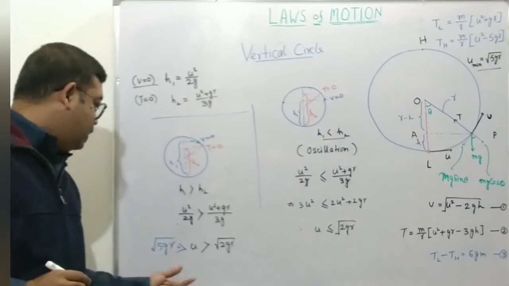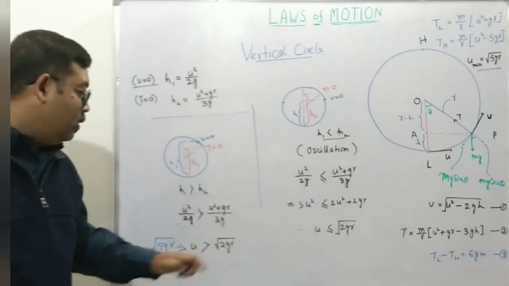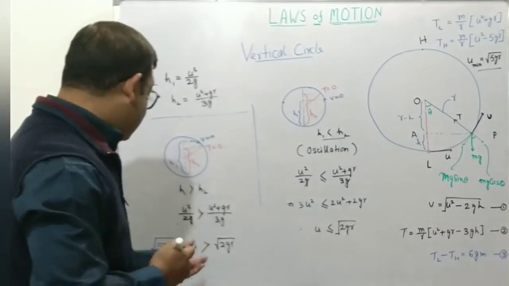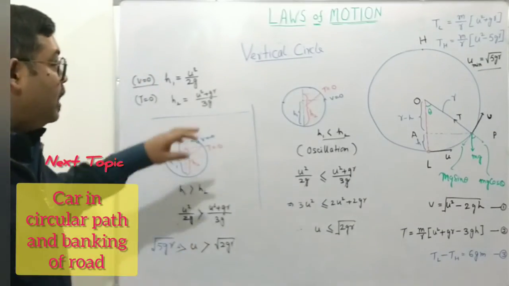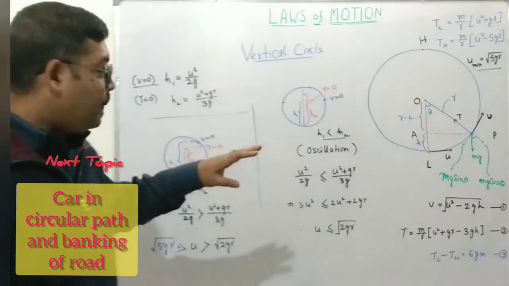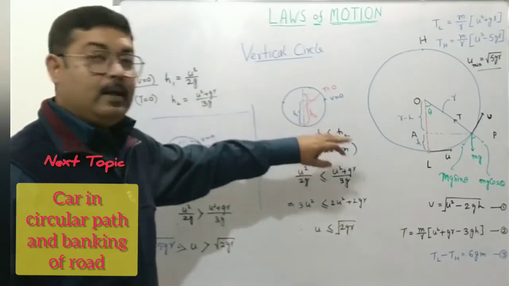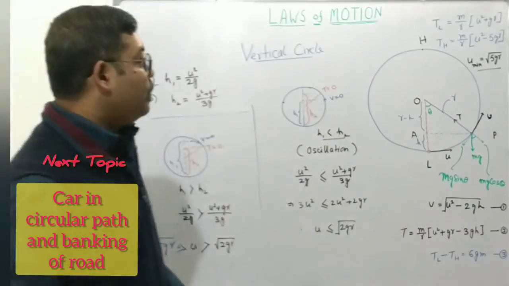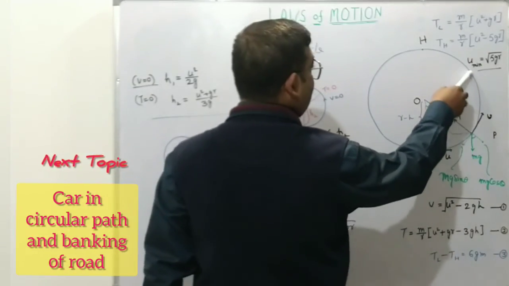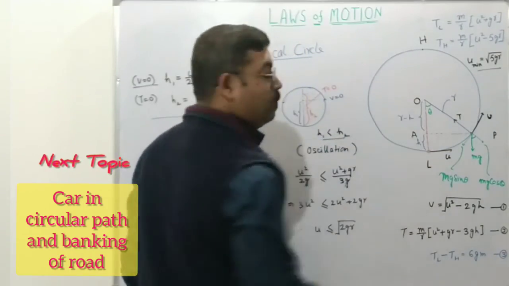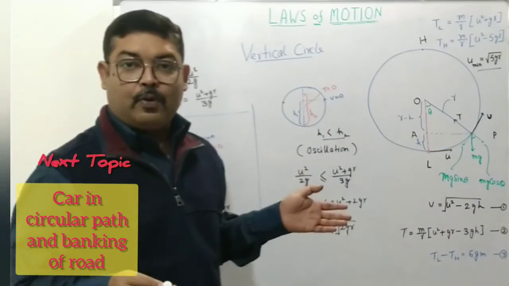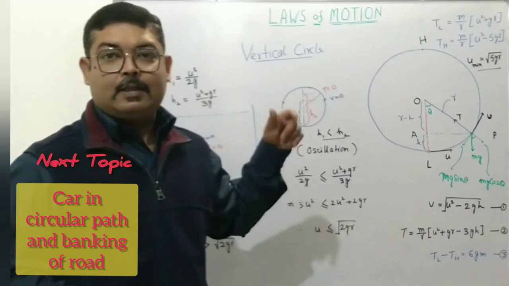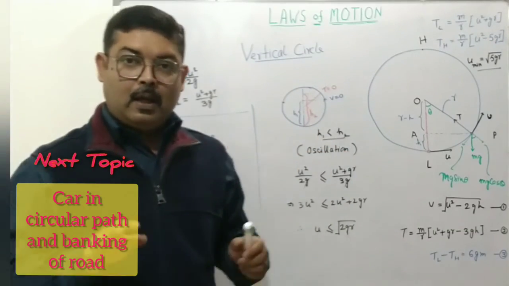So in this range, square root of 2gr to square root of 5gr, if the velocity is there, the object will neither oscillate nor be able to complete the circle. It will go up to a certain point and then leave the circle and move as if it were a free object, like a projectile at a certain angle, right?